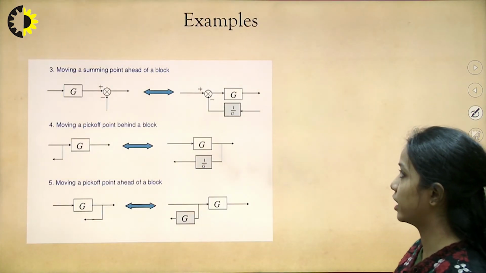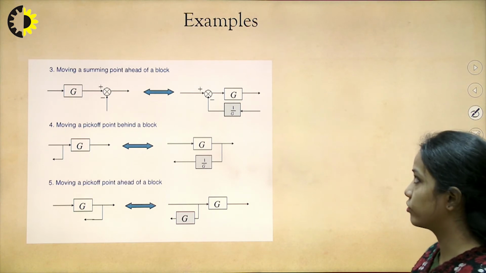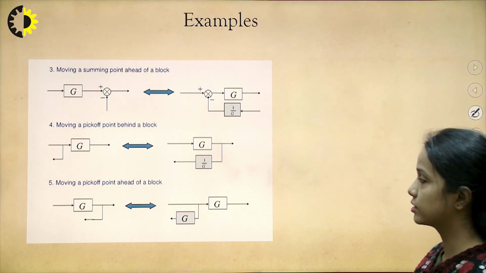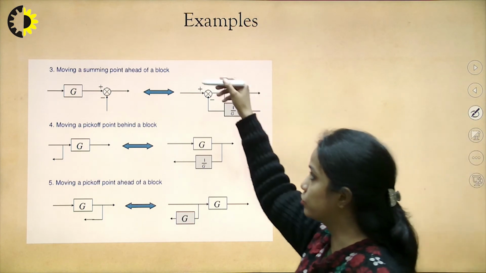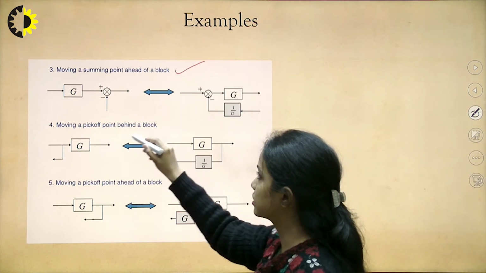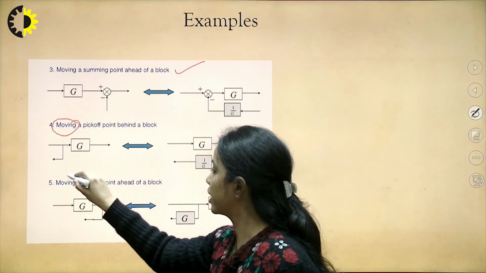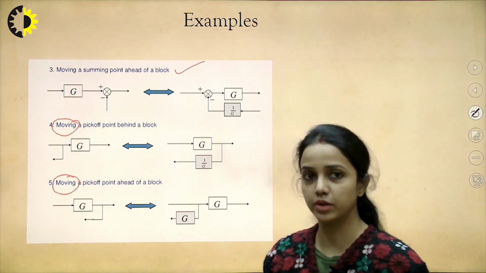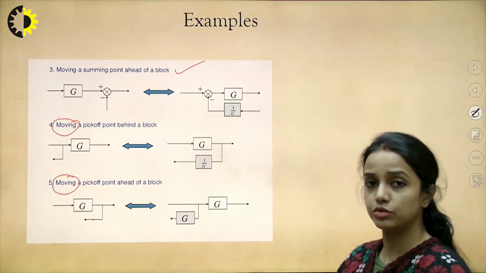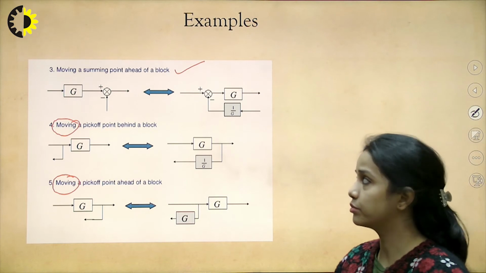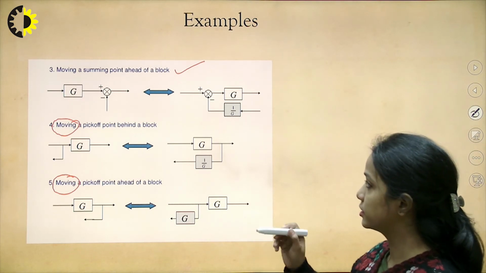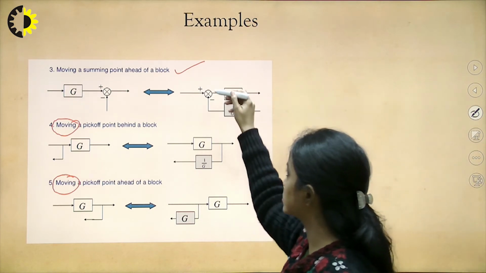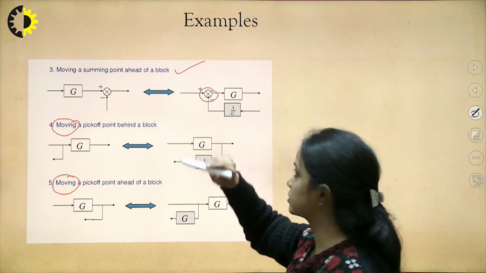Here we have some examples of summing points and takeoff points. Moving the summing point will be discussed later as techniques to reduce block diagrams. Now we are just studying some pictorial examples. Here we see that this one is a summing point.